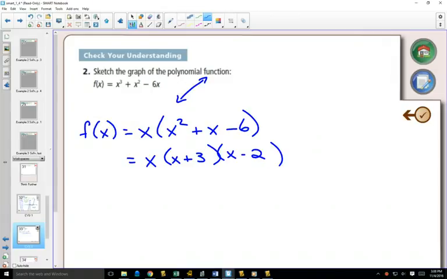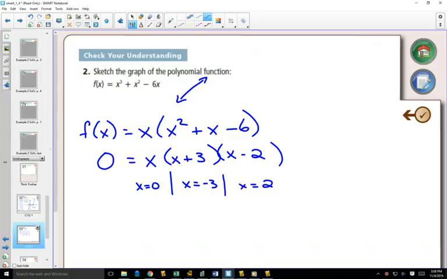From this, if we set this equal to 0 to find our x-intercepts, we would know that x is equal to 0, -3, and x is equal to 2 are our x-intercepts.